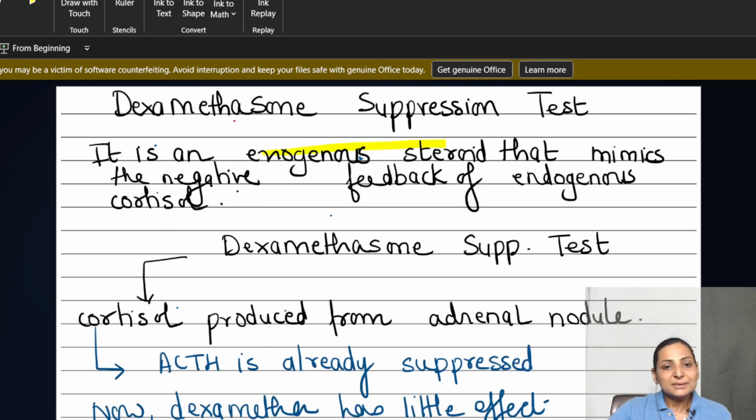So this dexamethasone is going to mimic the negative feedback effect of endogenous cortisol. So if you give cortisol, what is going to happen?